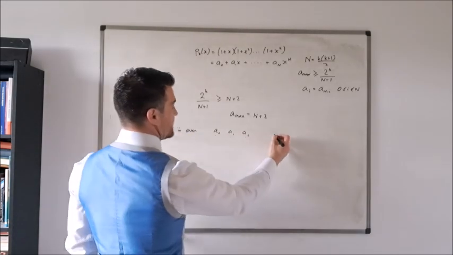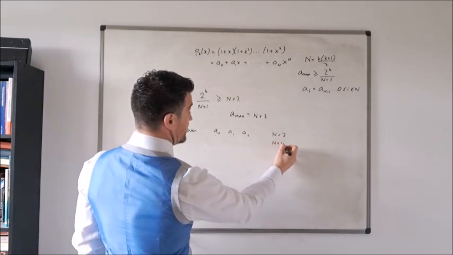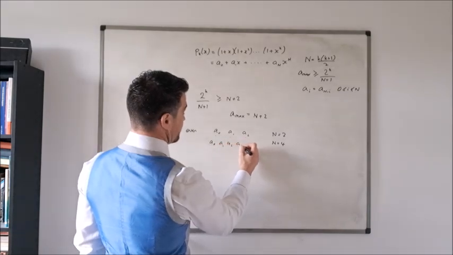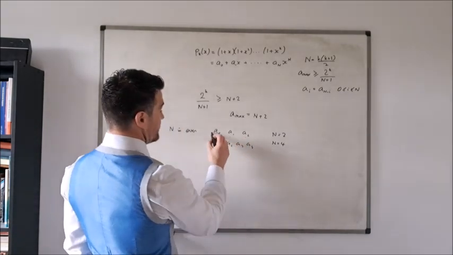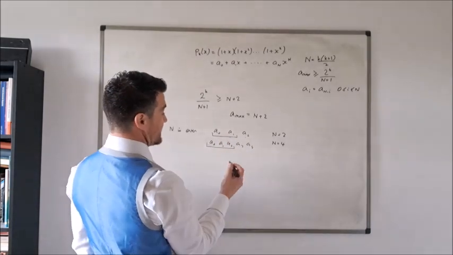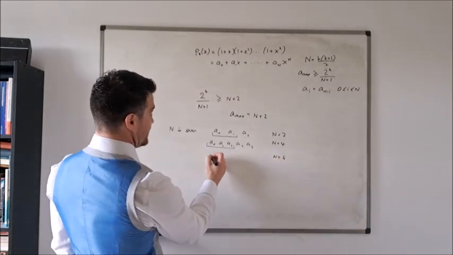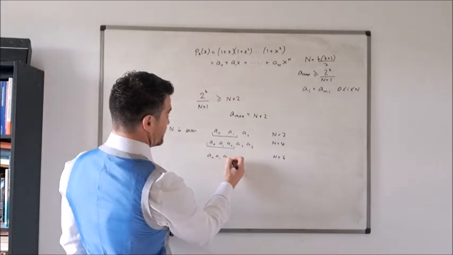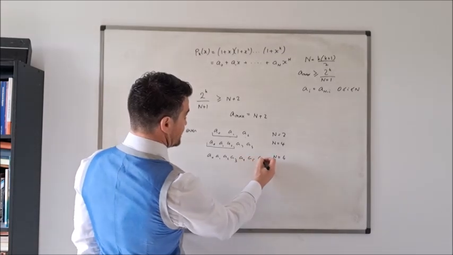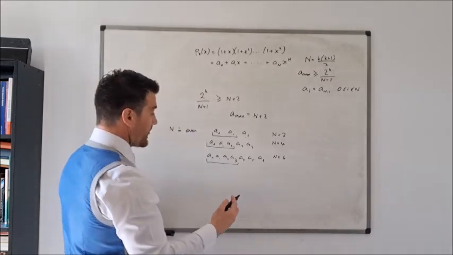When n is equal to 4, we're going to have A0, A1, A2, A3, A4, so potentially 3 distinct numbers. For n equals 6, we're going to have A0 up to A6, potentially 4 distinct numbers.